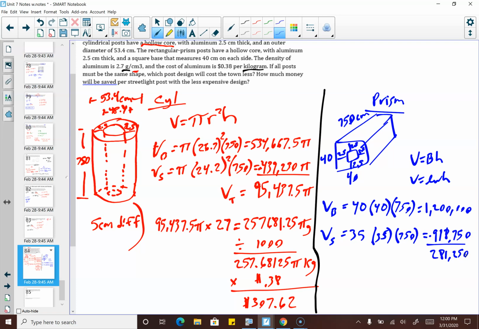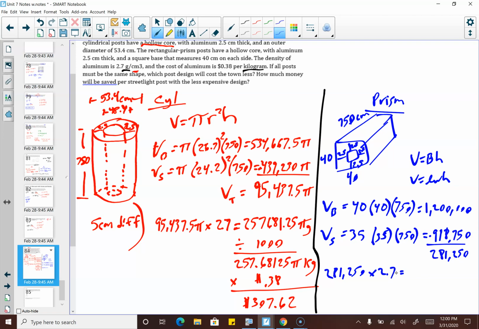So we're going to do the same thing that we did before. 281,250. We'll multiply it by the 2.7, and that will give us our weight in grams.